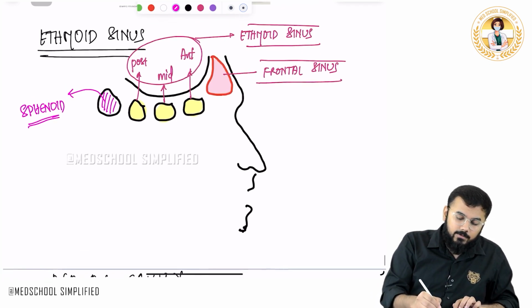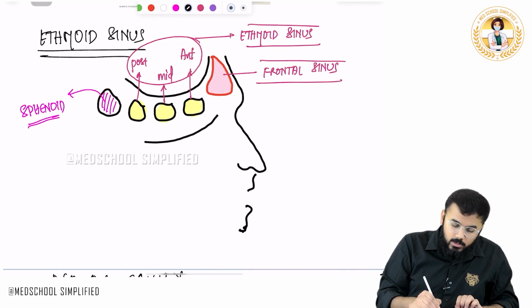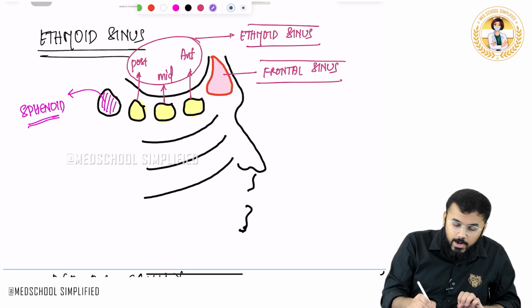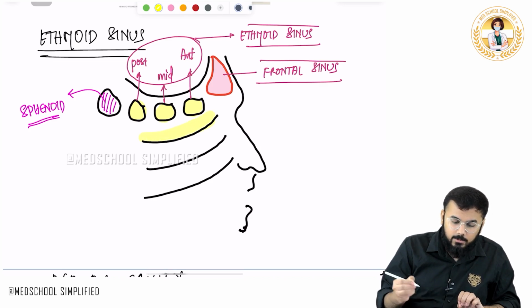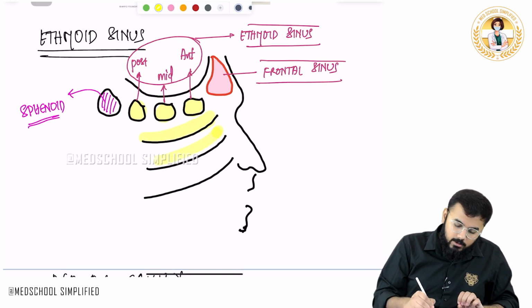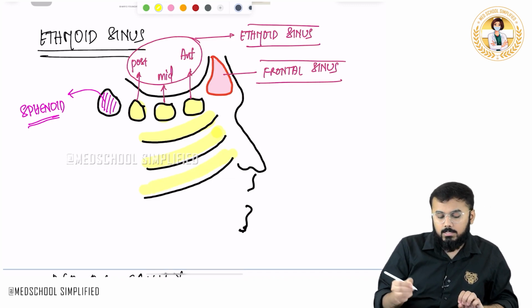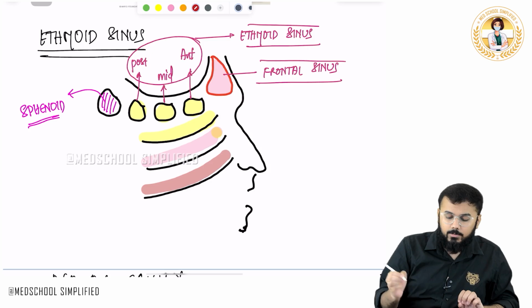Now why did I draw this picture? The reason is that within the nasal cavity, I told you, there are three meatus. This particular meatus is called the superior nasal meatus. Next, this is the middle nasal meatus, and this is the inferior nasal meatus.